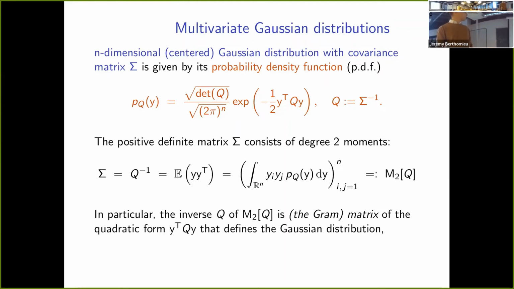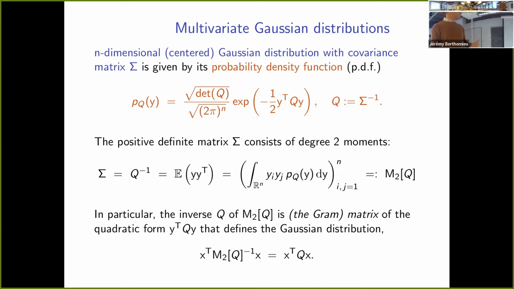And it has the property that the matrix Q that defines the quadratic form in the argument of the exponent is essentially the inverse of the moment matrix of this probability distribution. All Gaussian distributions enjoy this property: the degree 2 moment matrix is the inverse of the Gram matrix that defines the Gaussian.